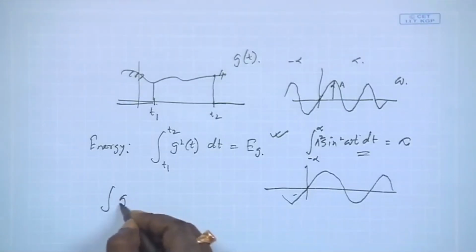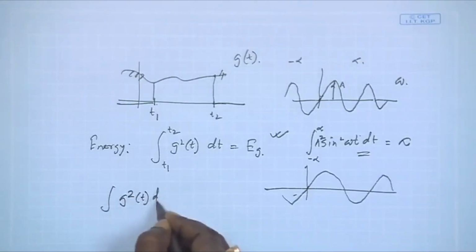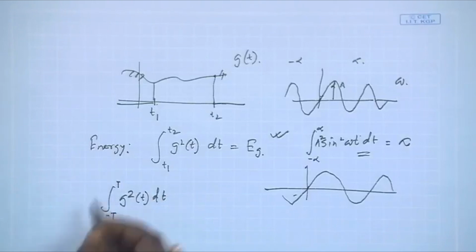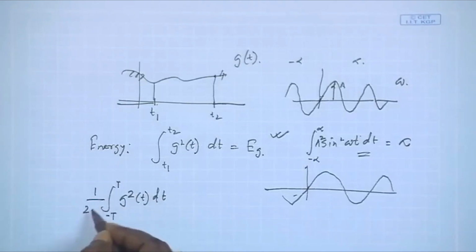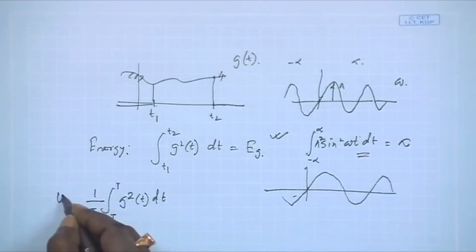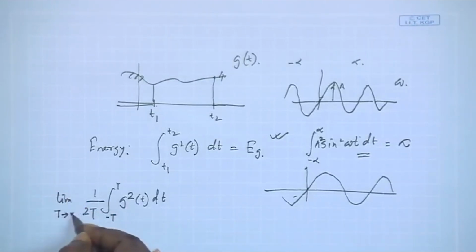Whenever we are talking about power, what we generally say is that we take the overall signal energy and also measure the time, and we divide the energy by time. Suppose I have signal g, so g square t I integrate from minus T to plus T, and then I multiply by 1 by 2T, and then I put a limit T tends to infinity.